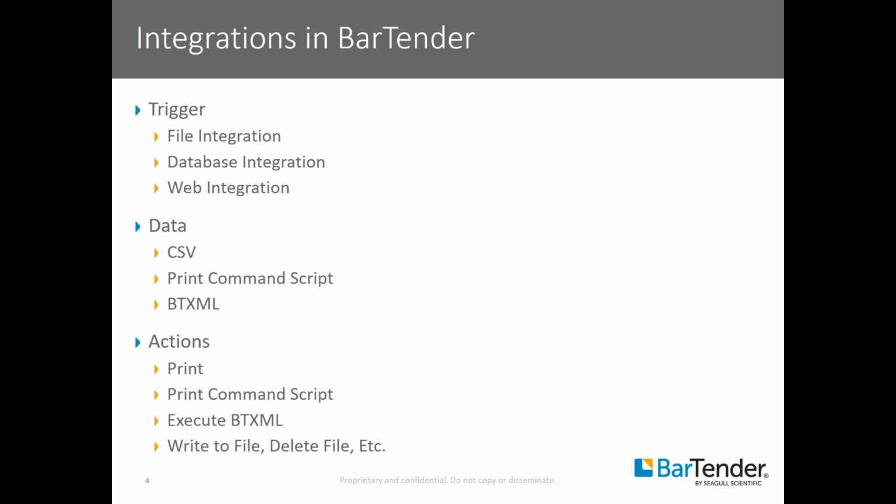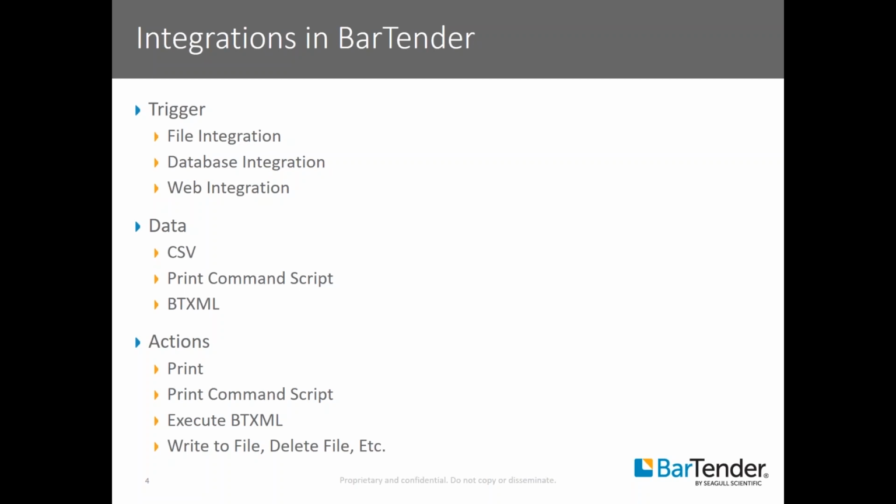The trigger is going to be what is initially triggering the integration to occur. It is essentially what we're waiting for to execute what has been programmed into your integration. Some samples of this are file, database, or web integrations, or web triggers, I should say.